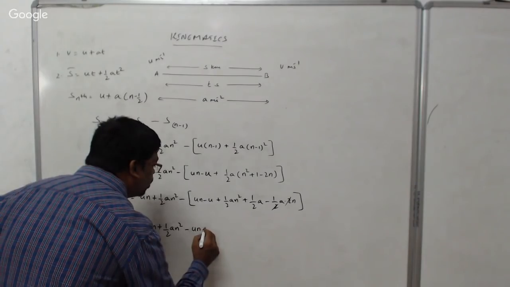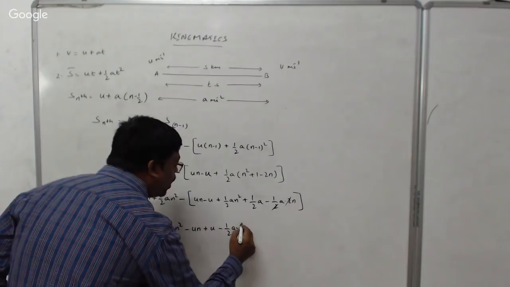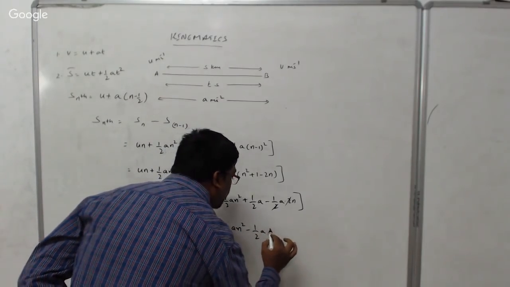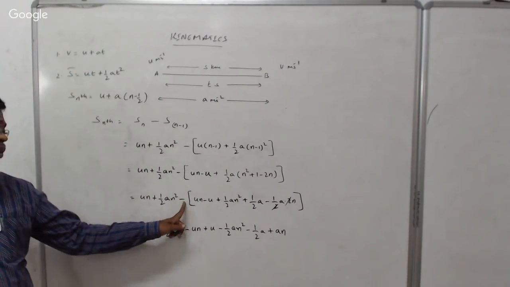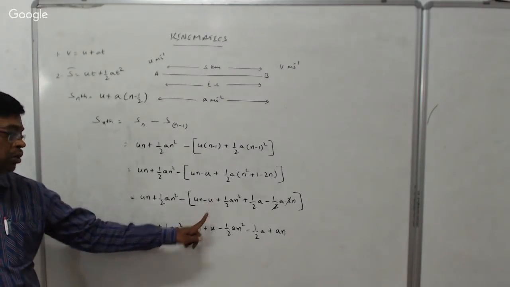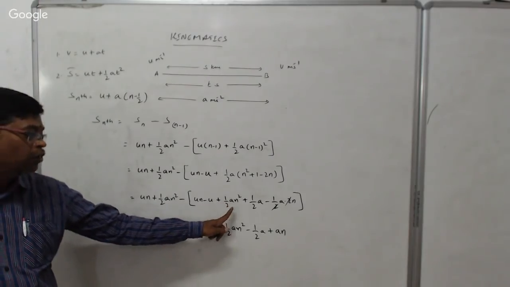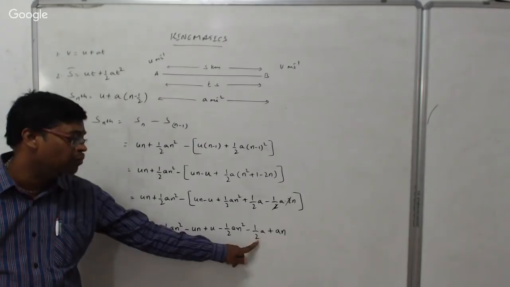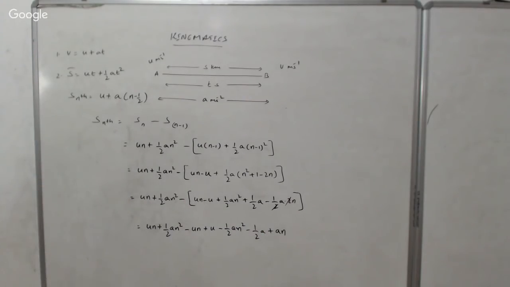Minus un plus u minus half an square minus half a plus an. Minus into un, minus into minus plus u, minus into minus, minus half an square, minus into plus, minus half a, minus into minus, plus an, right?